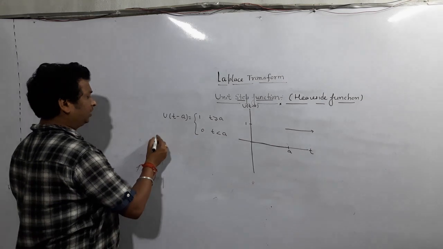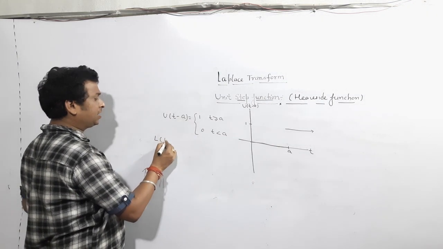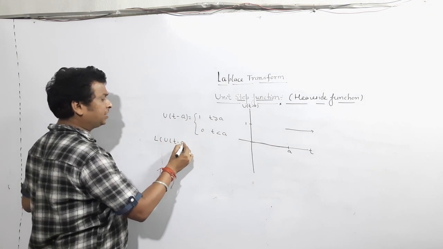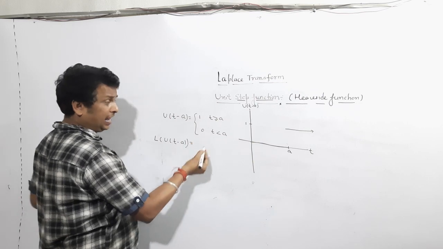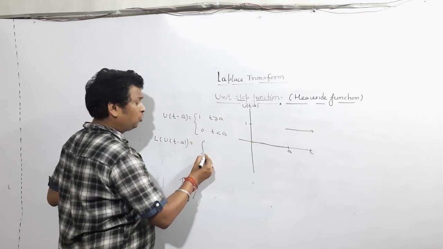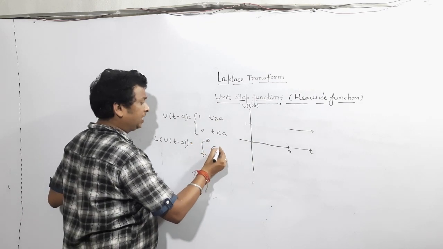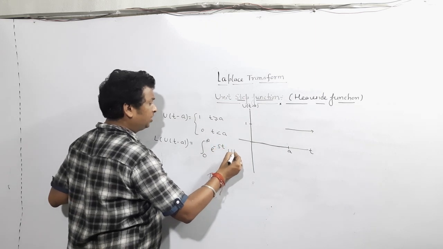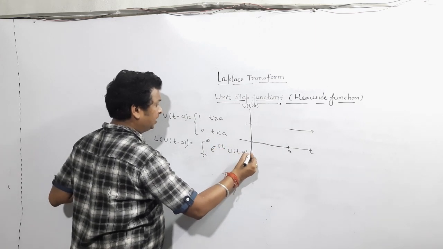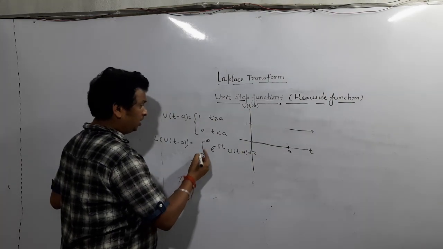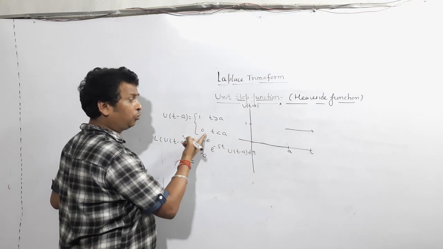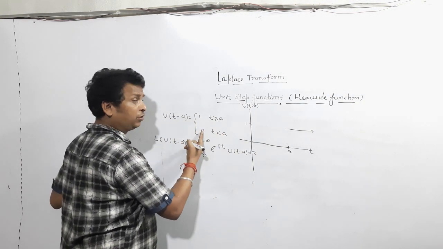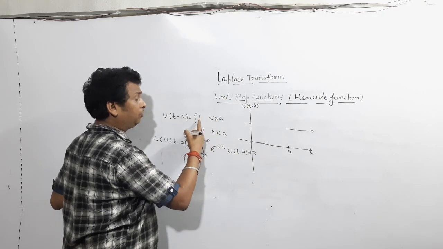Now I will tell you how we find the Laplace of u(t minus a). We can calculate it with the basic formula: integral from 0 to infinity of e to the power minus st times u(t minus a) dt. Now what is u(t minus a)? It's divided into two parts. Up to a, the value is 0. From a to infinity, the value is 1.